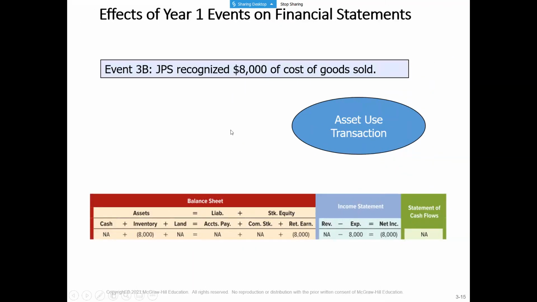So we have a second part of the transaction. Whenever we sell goods in the perpetual system, we not only have the entry for the sale of goods, we also have an entry to record the cost of goods sold. So the problem tells us in this case that our company had $8,000 cost in the units that were sold in the same transaction.